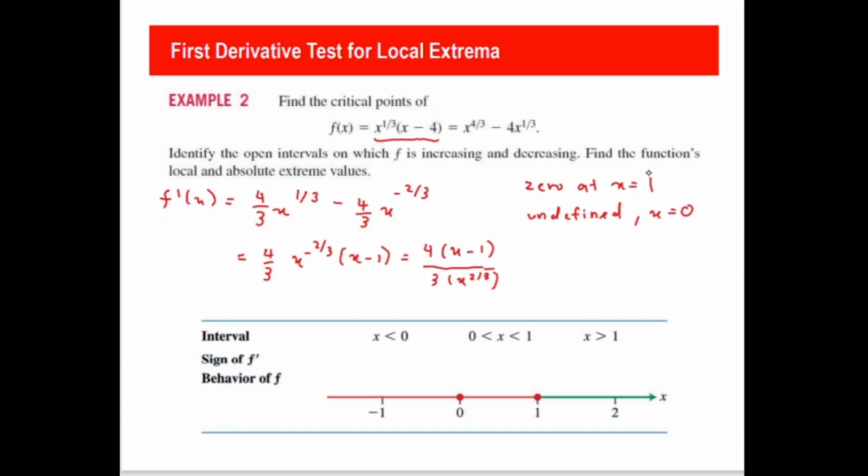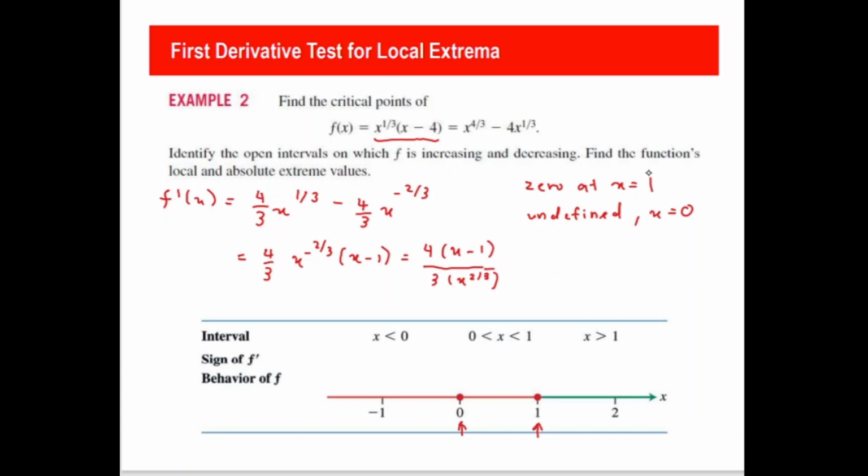So we have two critical points, and notice that we have no endpoints in the domain, so only these two places will be considered in our timeline. The first one is x equal to 0, and the second one is x equal to 1.